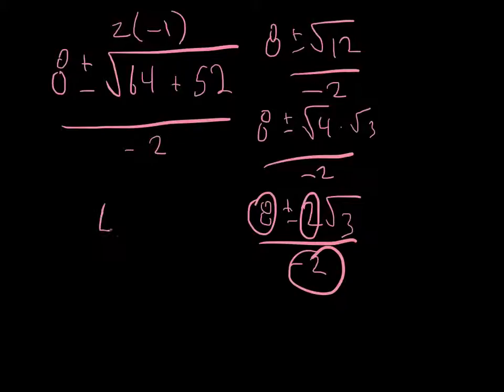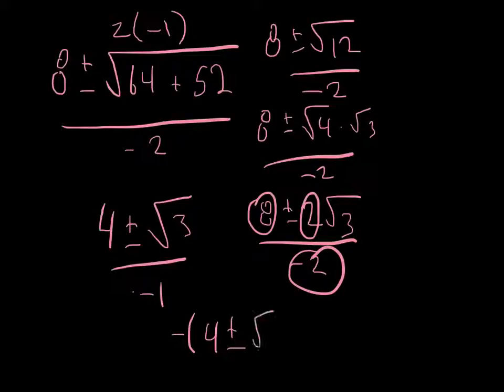So we have 4 plus or minus square root of 3 over negative 1, which is really just negative 4 plus or minus square root of 3.